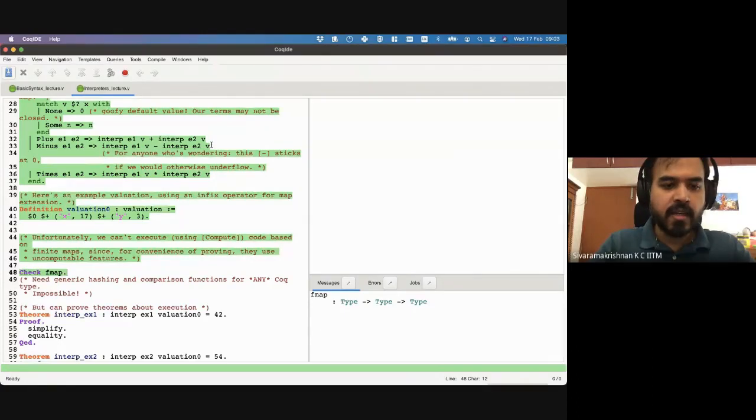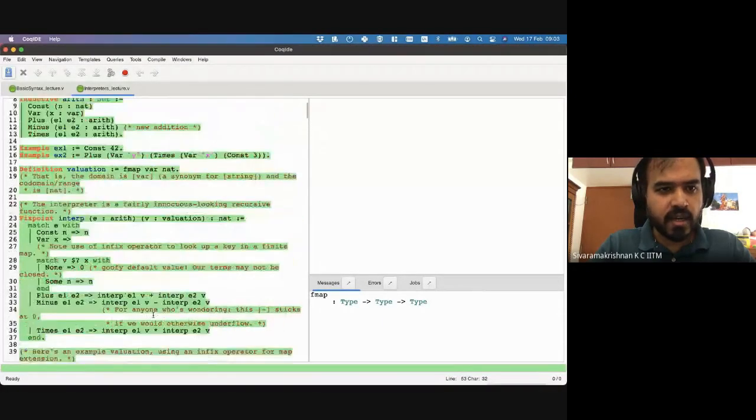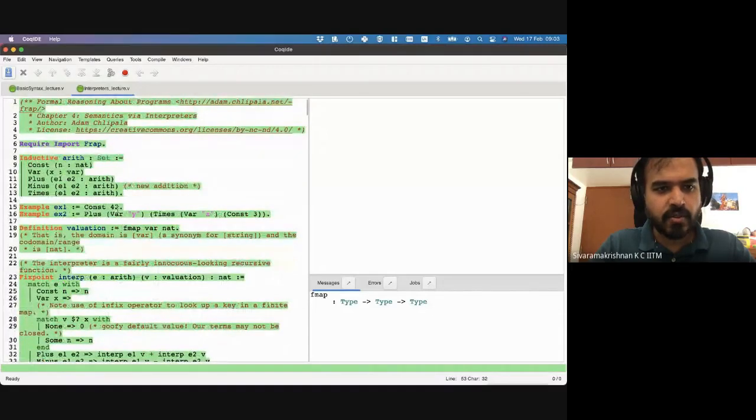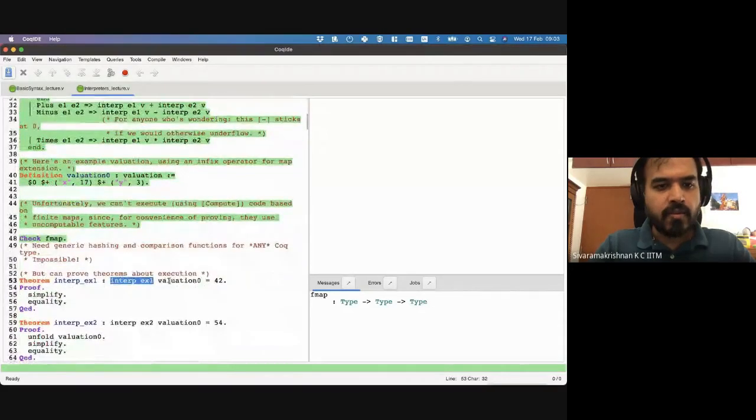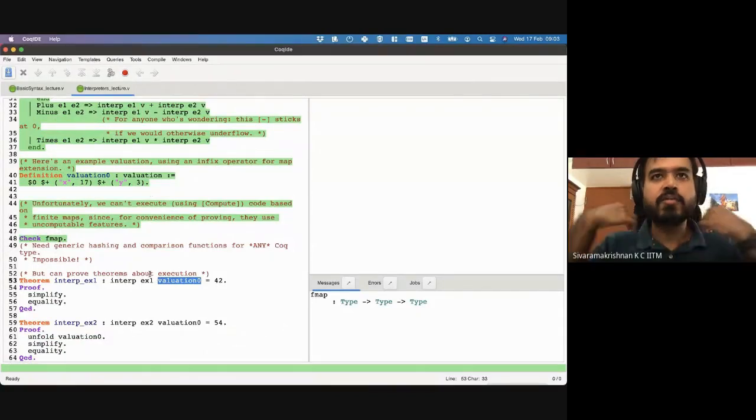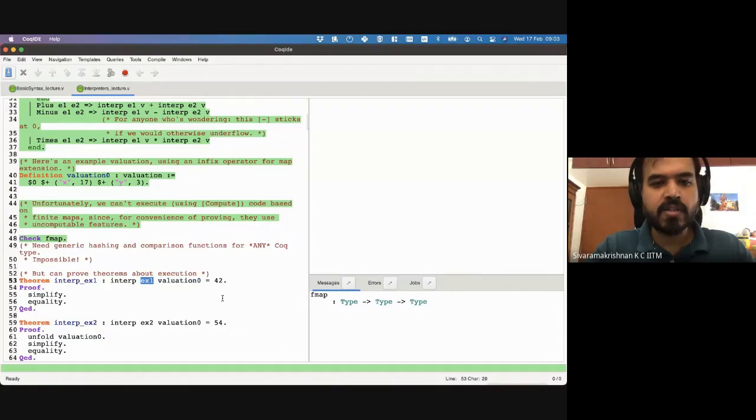So instead of saying compute, interpret this example one, which was I think here const 42, right? With valuation 0. Valuation 0 is this valuation. So instead of just computing it and getting the result 42, because the example one is just the constant 42, we'll just get 42. We can prove that as a theorem.